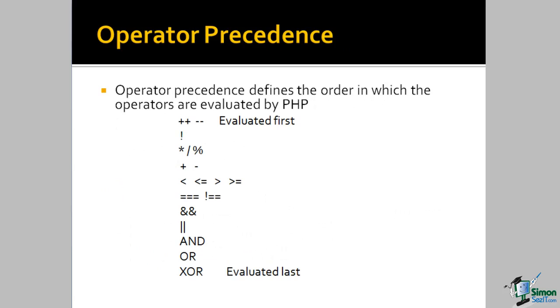So operator precedence, a fancy word for just saying, when will something happen? Well, the programming language, like PHP and like all programming languages, define an order in which the operators will execute. And this is the order. So the first thing that ever happens is the increment decrement operators, and then the negation operator, the bang, the not, and then the others in the list as you see them here.